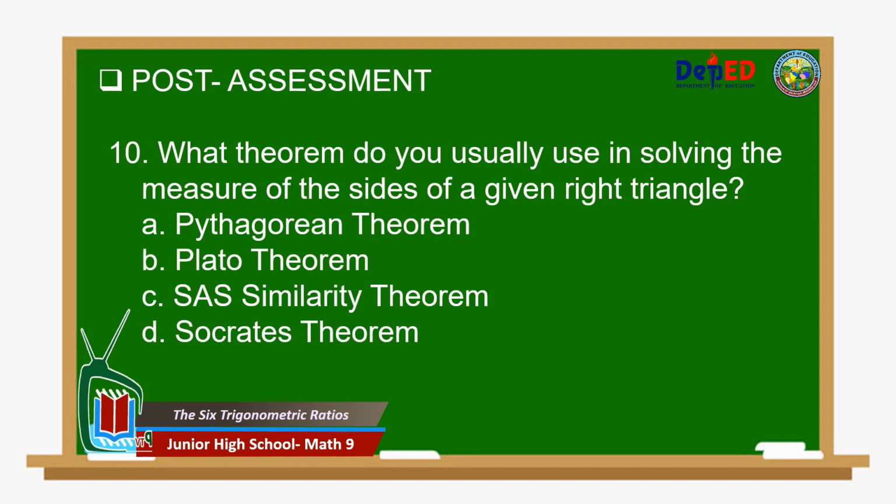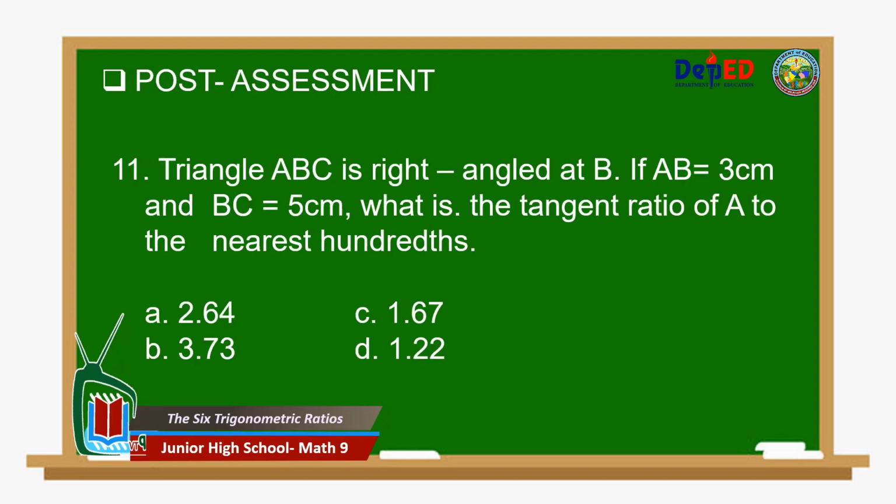Number 10. What theorem do you usually use in solving the measures of the sides of a given right triangle? A. Pythagorean theorem. B. Plato theorem. C. SAS similarity theorem. Or D. Socrates theorem. Question number 11.